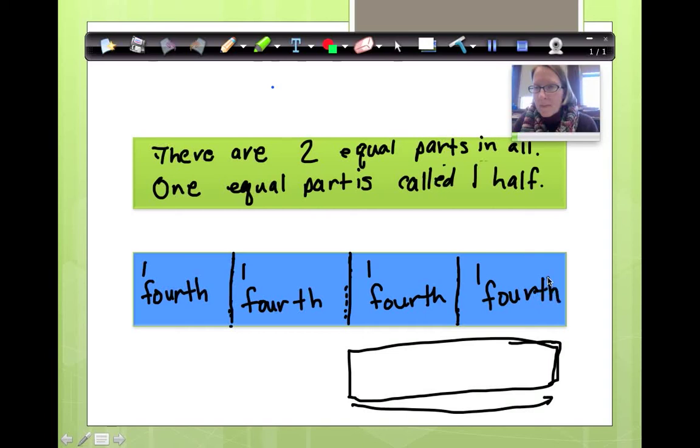Great. So the front side says 1/4, 1/4, 1/4, 1/4. How many fourths are in a whole? 4 of them.